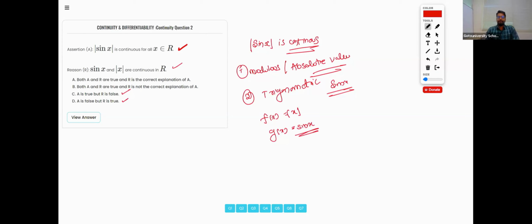Already we have discussed multiple times how the sine x looks like and what the modulus function looks like. Remember, next time if you want to plot the curve of a modulus function, this is how the curve looks. It is of V shape, symmetric about the y axis.